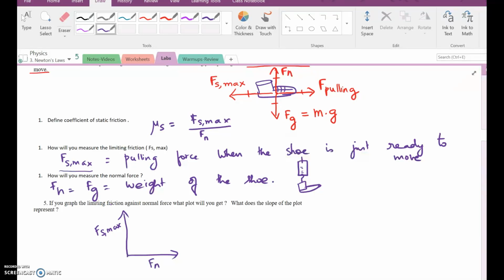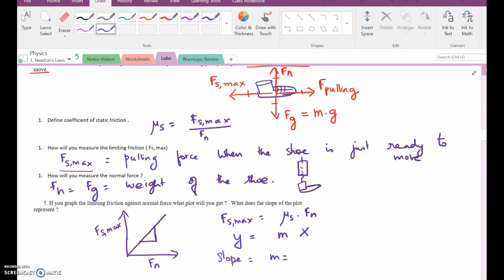If you guessed it would be a straight line, then you are right, because look at your equation. Fs max equals mu s times Fn. Does this not look like the equation of a straight line, y equals mx? So now you can find out by matching the two equations, what does the slope m represents on this graph. I will leave you to figure that out, because that is your answer for the objective of this lab.